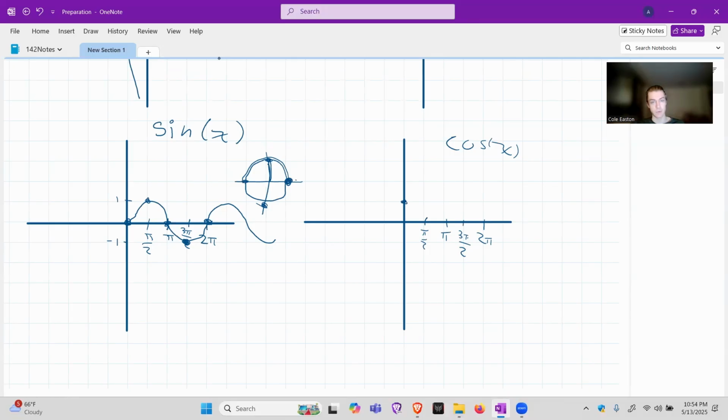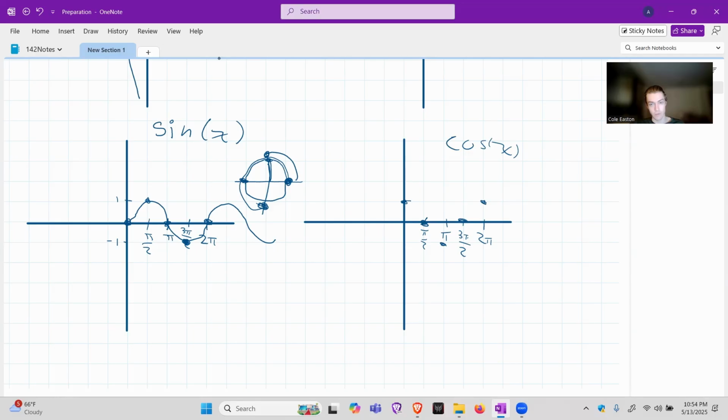And then when we get up to the top here, the x coordinate is 0, so we're at 0. Then we get over here, x coordinate is -1. 3 pi over 2, we're back at the bottom. X coordinate is 0. And then we make it back around to the initial point where our x coordinate was 1.